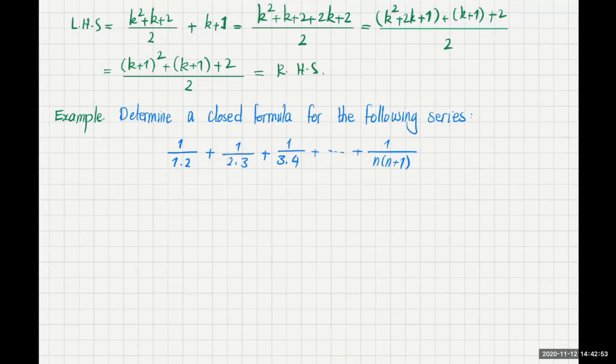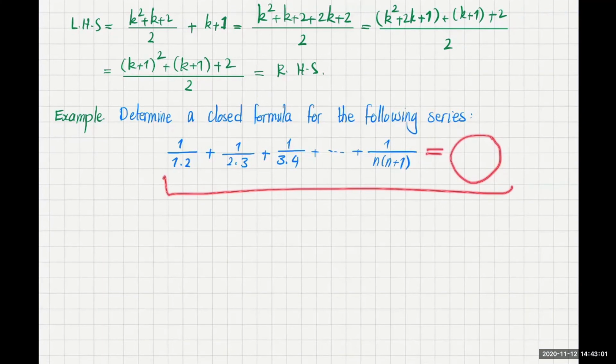Based on that pattern, you can guess a closed formula and say, okay, this is the formula that I propose. Then you will have your statement in its entirety, the left-hand side equal to the right-hand side, but it's not a mathematical argument because it's based on a guess, even though that guess is an educated one. But then you need to prove it. Then you can prove it using mathematical induction.